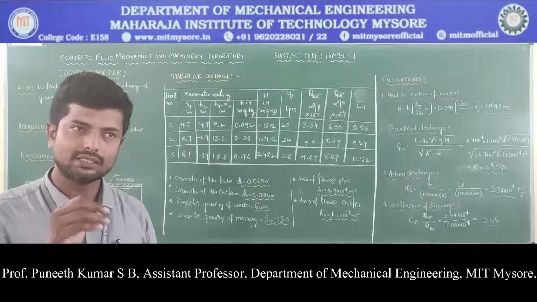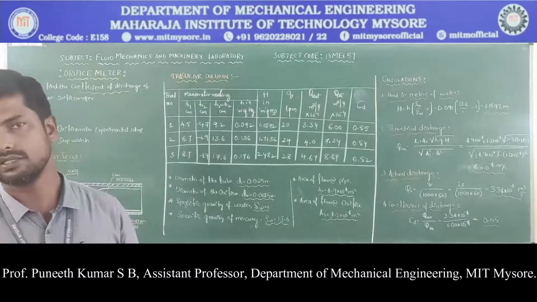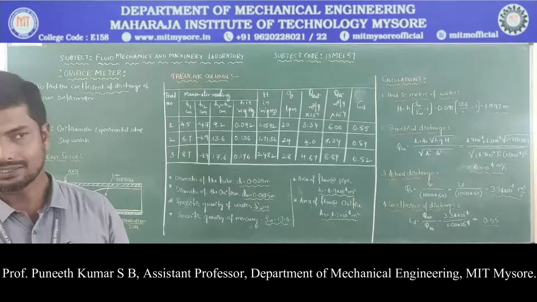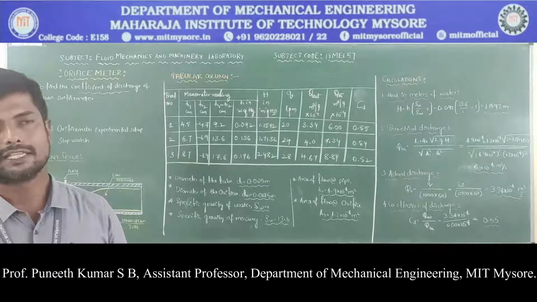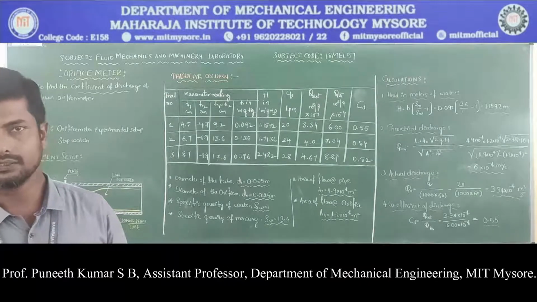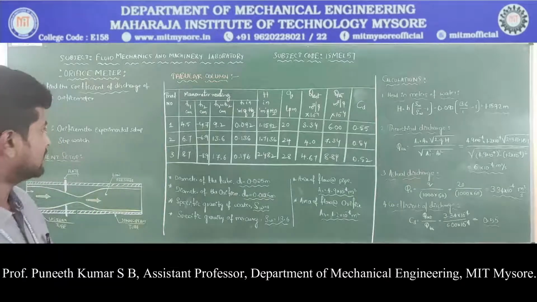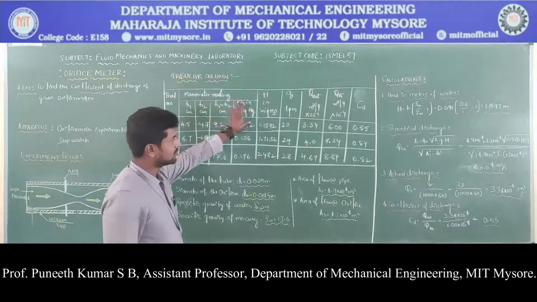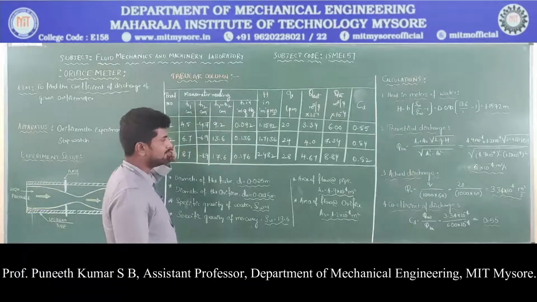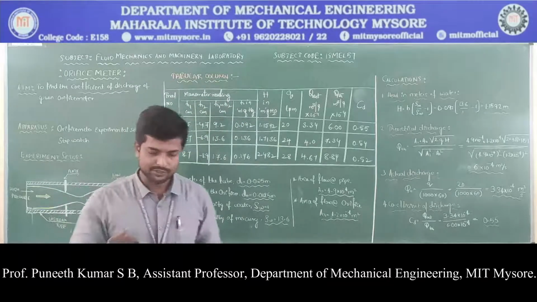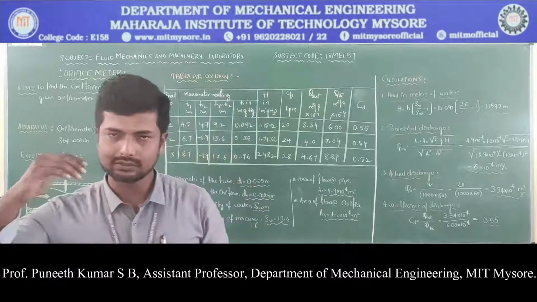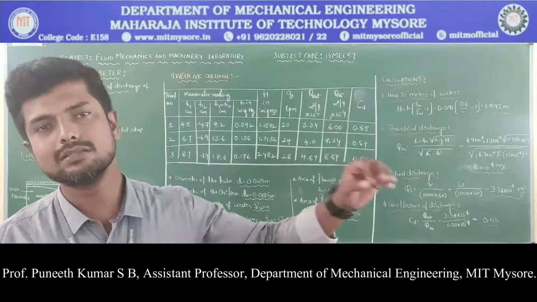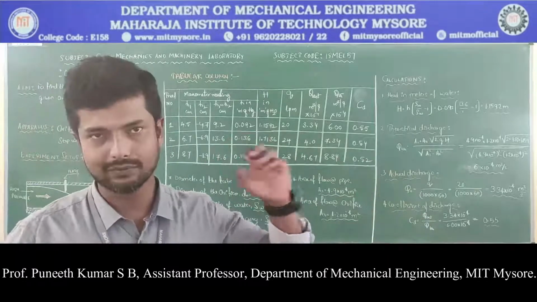So the key reading to be taken is the U-tube manometer reading, which is taken when the experiment is conducted. Here we have written the tabular column to find the flow rate. The only purpose of a flow measuring device is to measure the instantaneous flow rate of the flowing liquid.